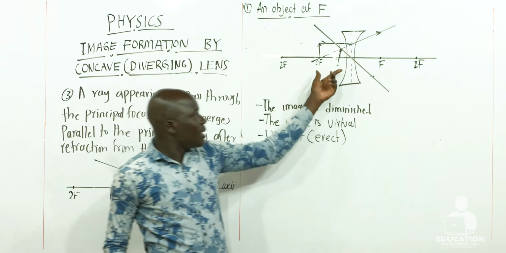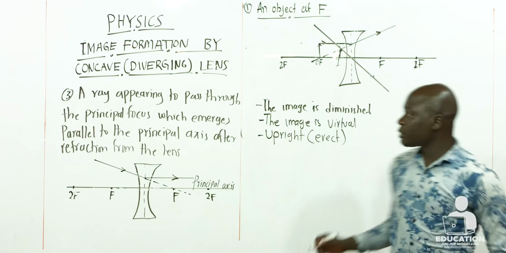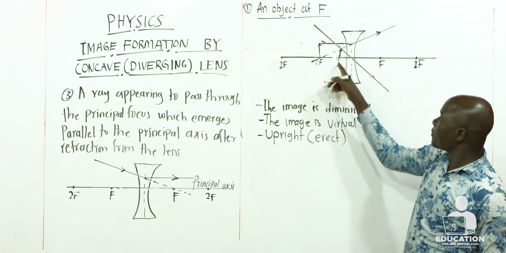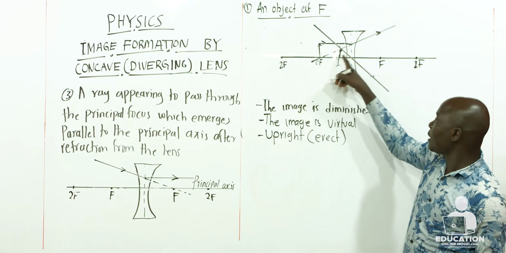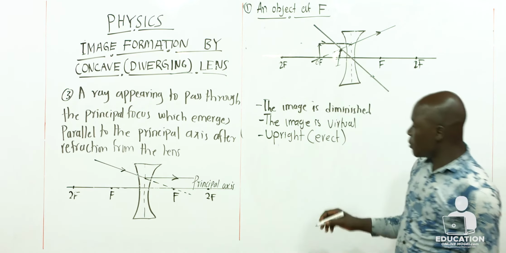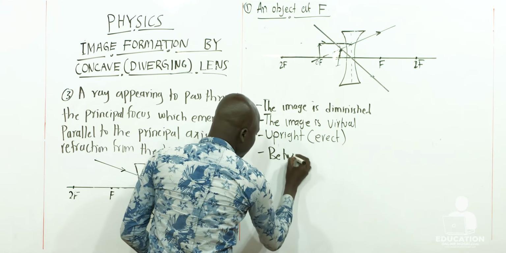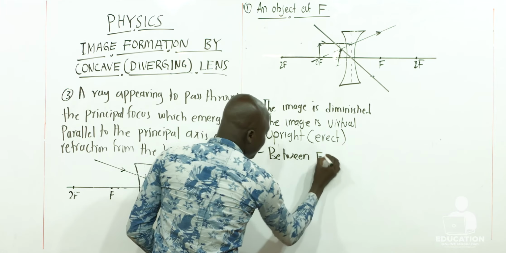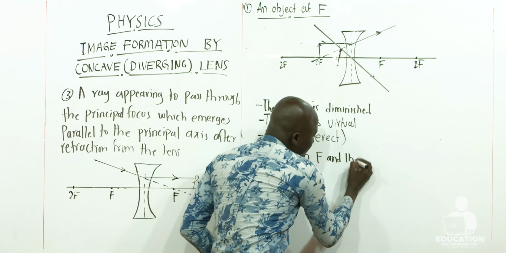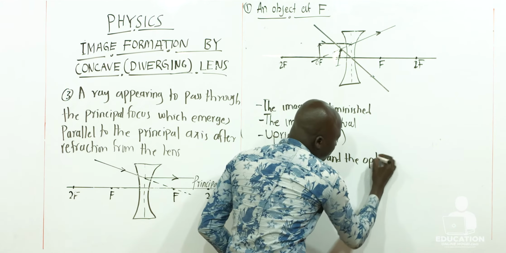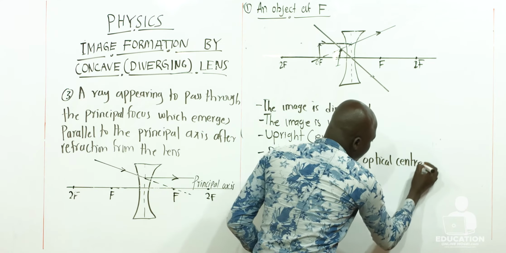Then the last characteristic that we have is, when you look at the position of this image, we shall see that the image is formed between the principal focus and the optical center. So we say the image is between F, which is the principal focus, and the optical center.